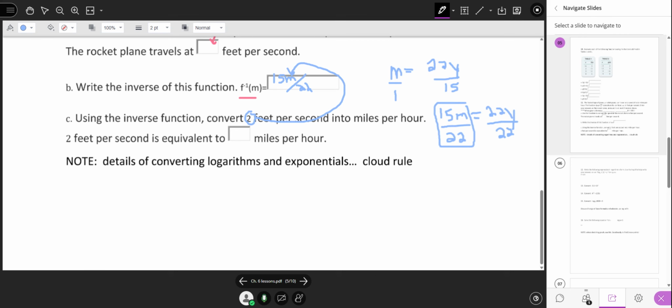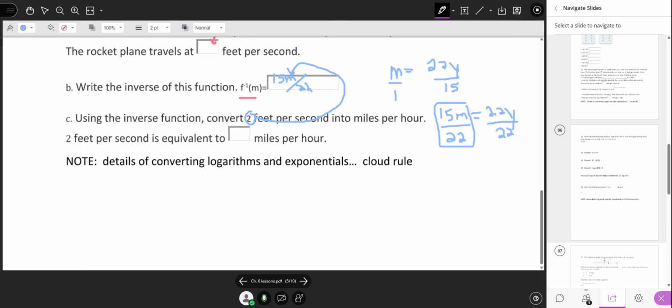And I promise you, it looks like you're never going to finish this assignment. But once you get into the middle of it, you're going to find that it's going to go a whole lot quicker than you think it's going to go. Okay? It really, really does.